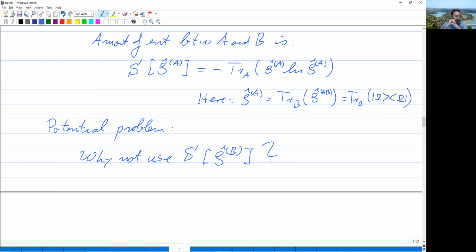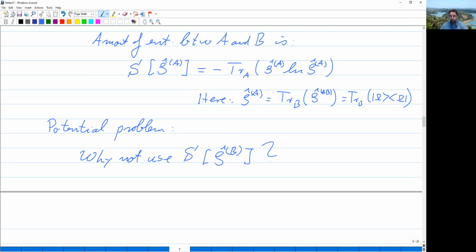If we have a system composed of two subsystems A and B, and we are asking how much A and B are entangled, why would we single out system A and calculate the entanglement entropy of its density matrix rather than the entanglement entropy, sorry, it's called the entanglement entropy, but it's here the von Neumann entropy. Why not just calculate the von Neumann entropy of system B?